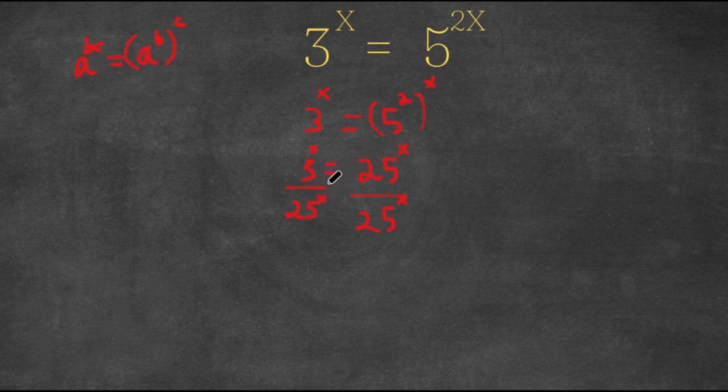So now we have 3 to the power of x over 25 to the power of x equals 25 to the power of x over 25 to the power of x. And remember, anything divided by itself equals 1. So these two cancel out, and this equals 1.